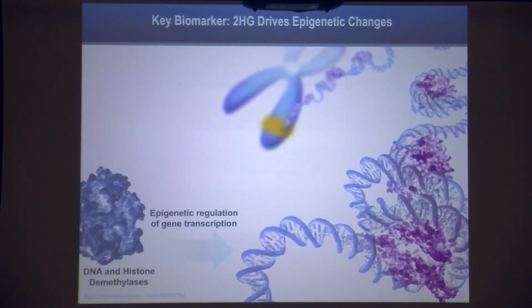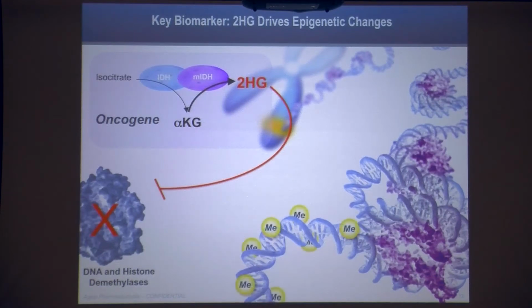And when you have these enzymes, they regulate the expression of genes in the genome, and that can have an effect on the regulation and the gene expression and actually the cellular differentiation. So what we know is that the IDH mutation, when it's expressed, it produces boatloads of this 2-HG, and because it's so similar in structure to alpha-ketoglutarate, it actually competes with alpha-ketoglutarate for binding to these enzymes and functionally inactivates these enzymes.